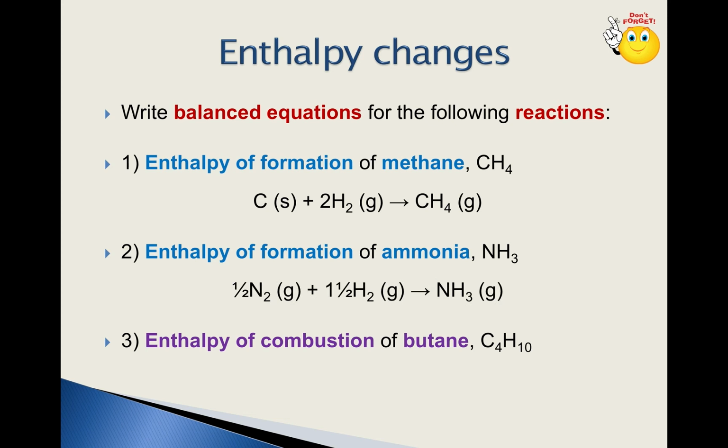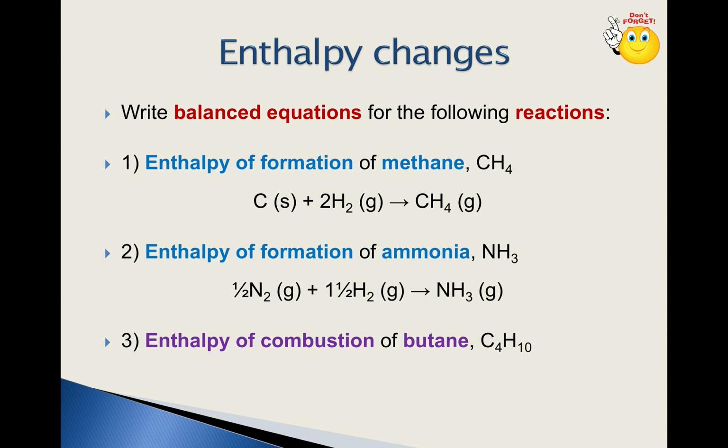So when we write this equation, N2 plus H2 gives me NH3. The one thing you must remember is not to put a 2 in front of NH3, because that becomes 2 moles of ammonia, and you're not interested in 2 moles because the enthalpy of formation is forming 1 mole of compound from its elements in their standard states under standard conditions. So don't change that. So I've got 1 mole of ammonia, and then balance the equation.